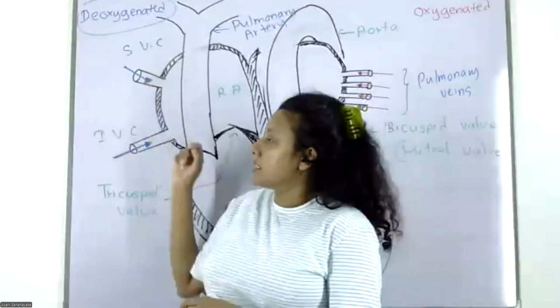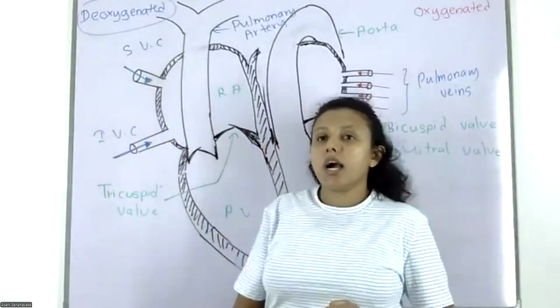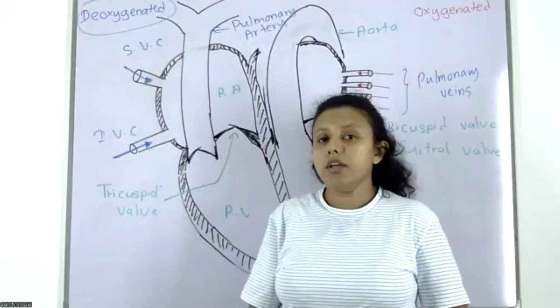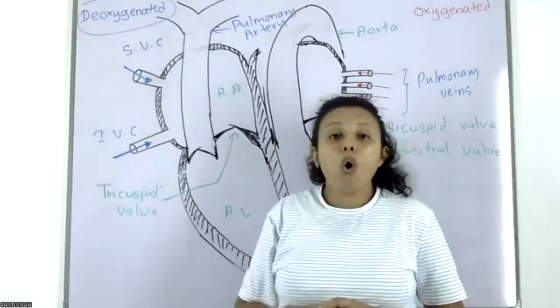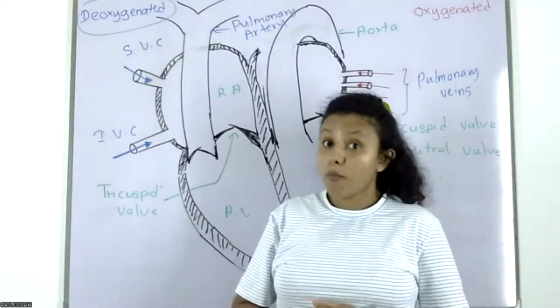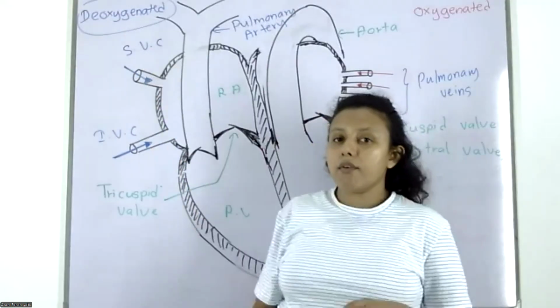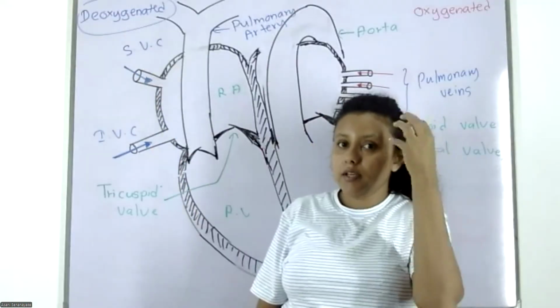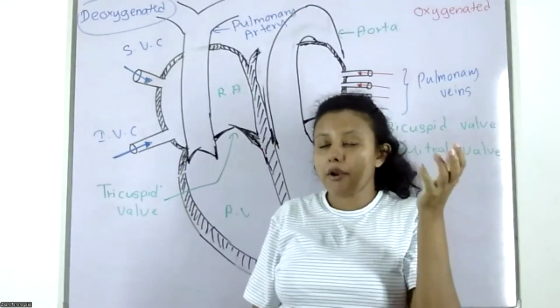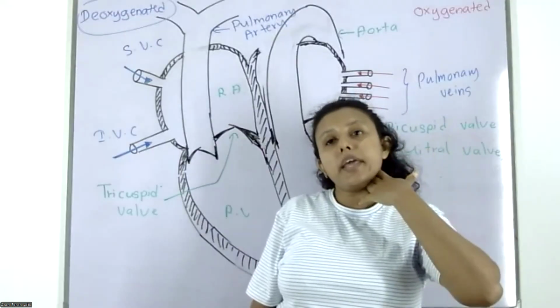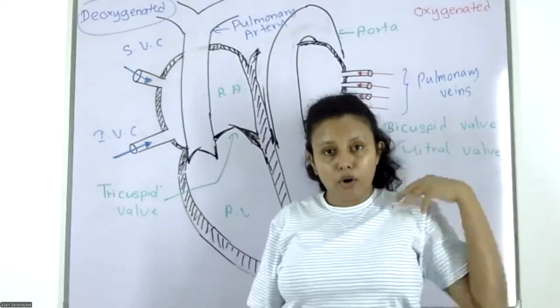So the superior vena cava and inferior vena cava bring this deoxygenated blood. From where? The superior vena cava normally brings deoxygenated blood from our head, our neck, our hands, the upper part of the body.